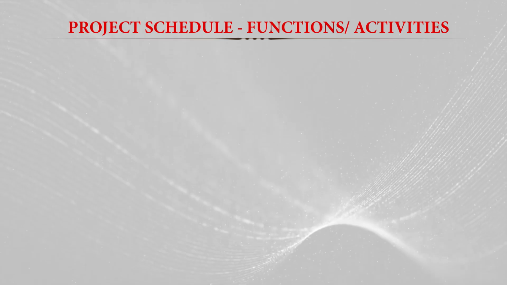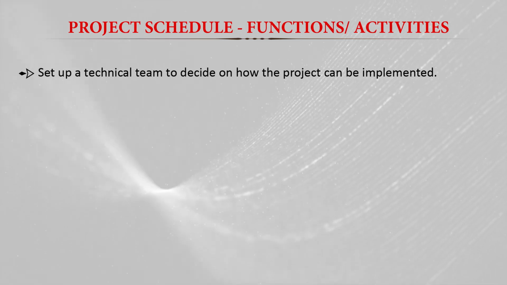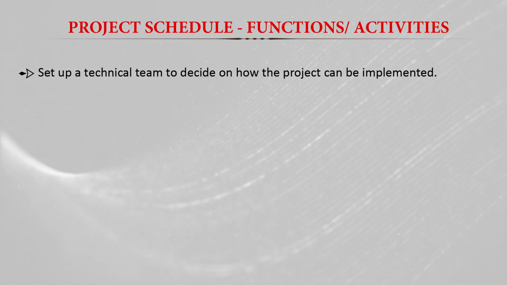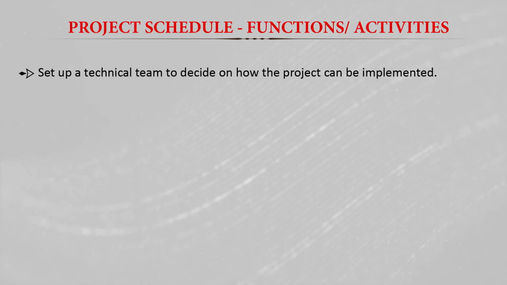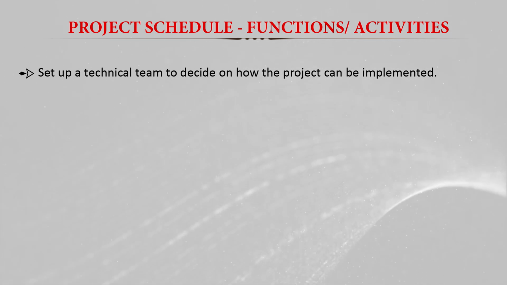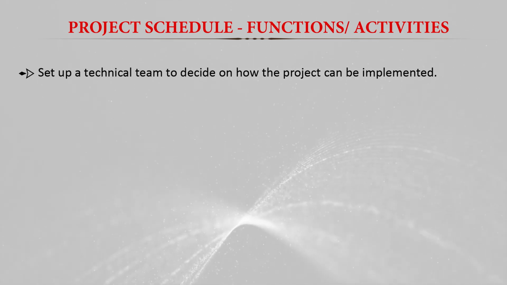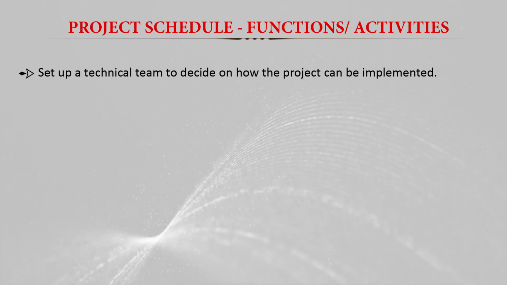We have to undertake different activities in preparing the project schedule, like setting up a technical team to decide how the project can be implemented. Here we have to identify the technical team. For example, if we have a project on agricultural income enhancement, in that we have identified two or three important components, like supplying high yielding variety seeds.